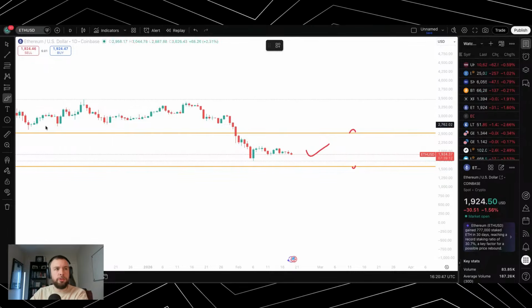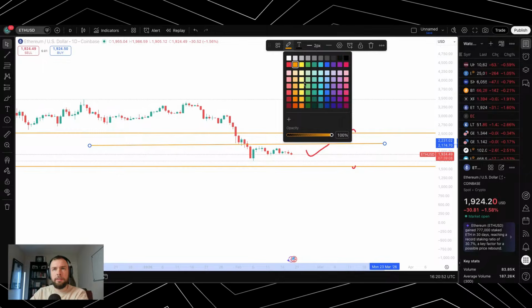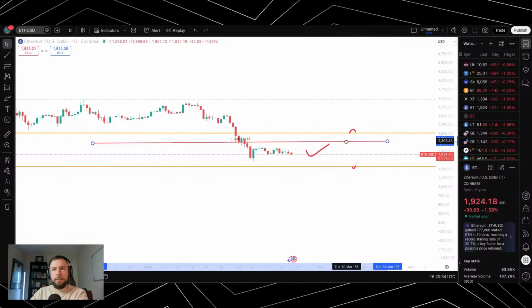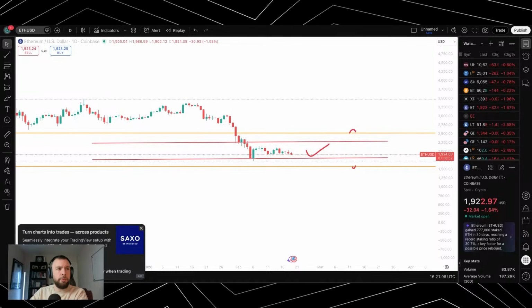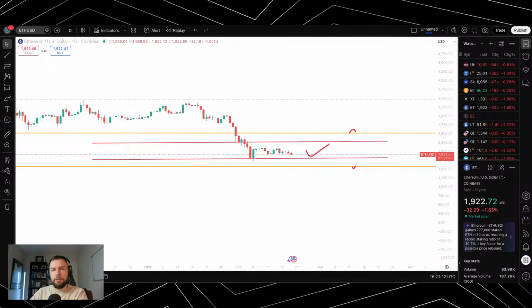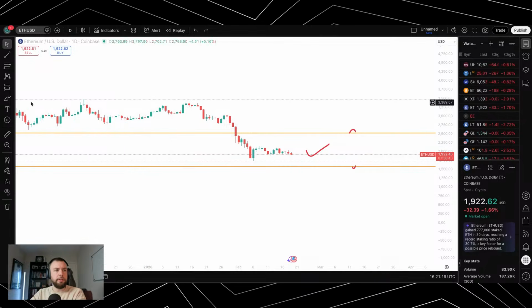If you reduce the width, like this, to that, you'll get more back, but more likelihood you'll go out of range. In my opinion, wider ranges are better.